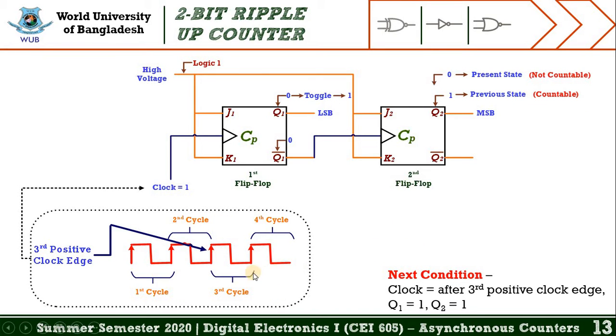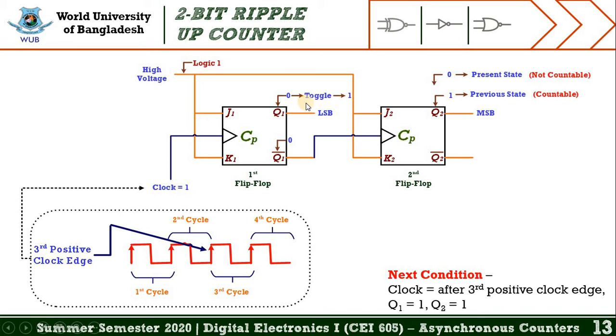So this slide represents another condition, in which the value of the clock is 1, which actually means the third positive clock edge is applied at the clock signal. That's why the value of the clock is 1. Since the value of the clock is 1, the first flip-flop is activated or triggered. That's why we got the value of the output of the first flip-flop as 1.